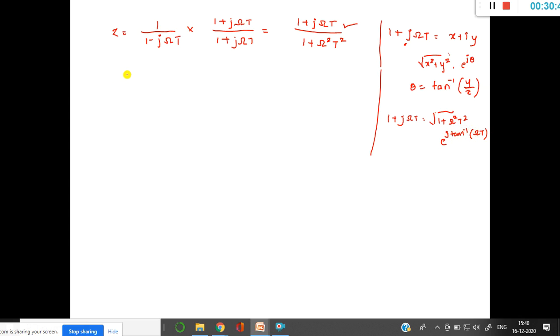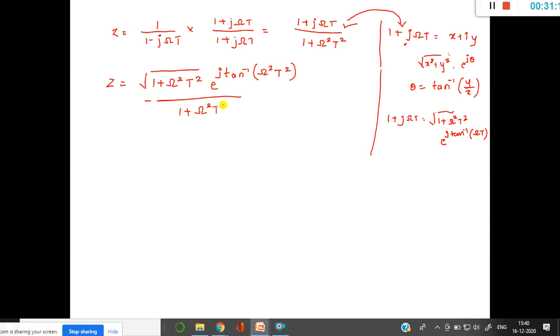Fine. So I made a small homework here, to represent this 1 plus j omega T as the root of 1 plus omega square T square, e to the power of j theta.